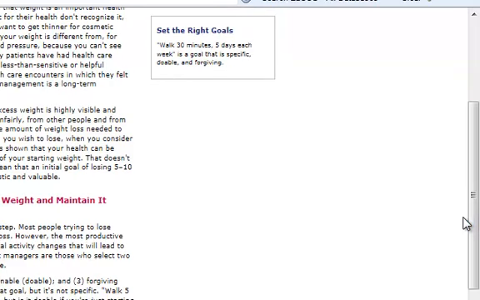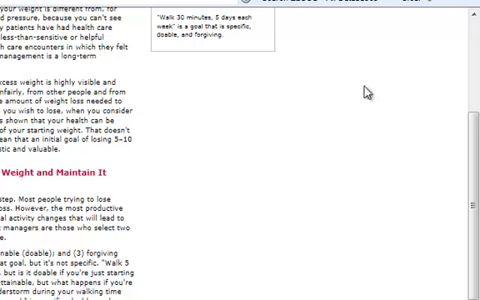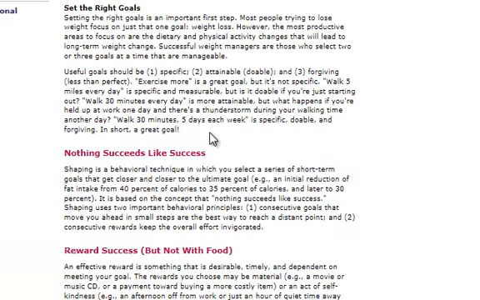Behaviors that will help you lose weight and maintain it. Setting the right goals. This looks like a good, helpful area. It has some stuff in numbers, like useful goals should be specific, attainable, forgiving, walking. That's pretty much good right there, and I would definitely put that in my paper.